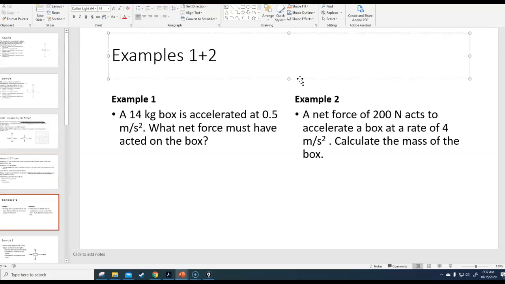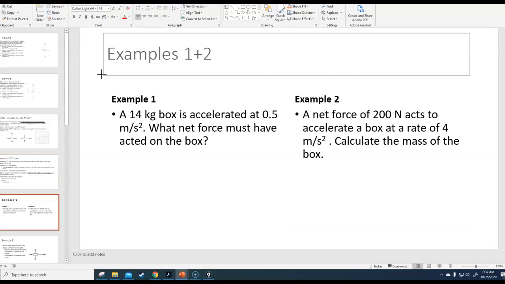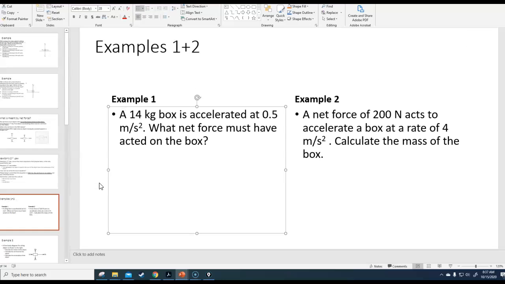Okay, so examples 1 and 2. Very simple examples today. Example 1. A 14 kilogram box is accelerated at 0.5 meters per second squared. What net force must have acted on the box? Well, mass is in kilograms, so this is mass. Meters per second squared is acceleration.